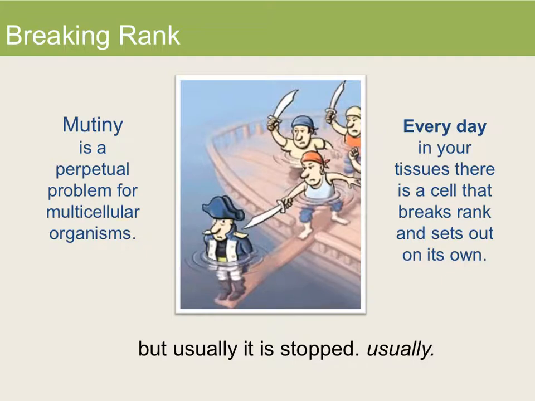The thing is, we have multiple trillions of cells in our body, and since they all have the same genome, they're all related to each other. And in a sense, what cells do is they give up their own sovereignty.